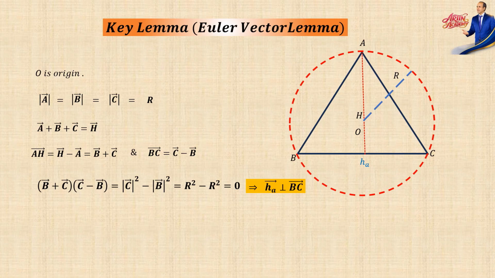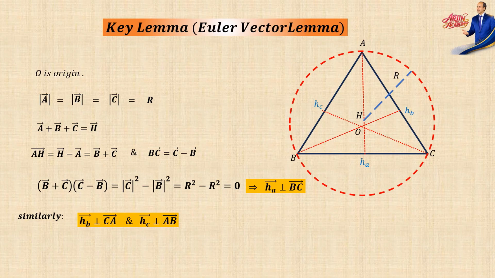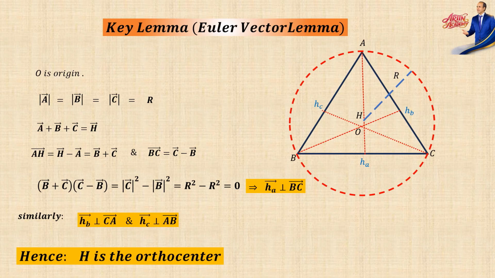Proof: vector AH is equal to vector H minus vector A, which is equal to vector B plus vector C. Vector BC is equal to vector C minus vector B. The dot product of the quantity vector B plus vector C and the quantity vector C minus vector B is equal to the magnitude of vector C squared minus the magnitude of vector B squared.